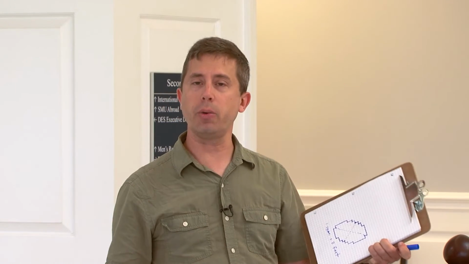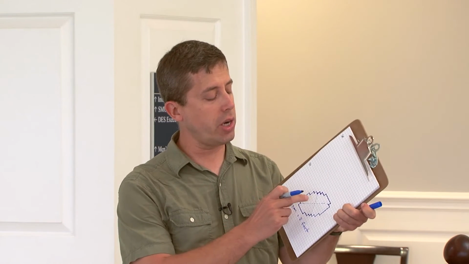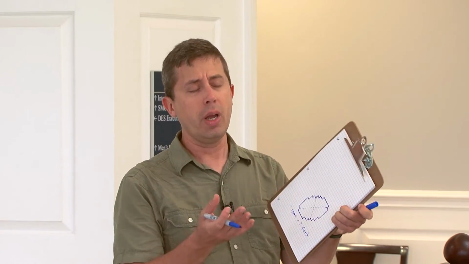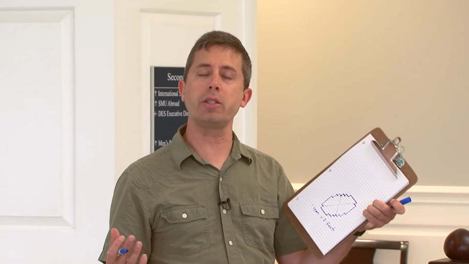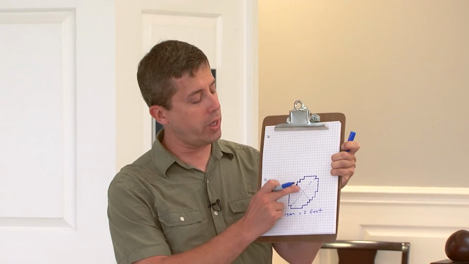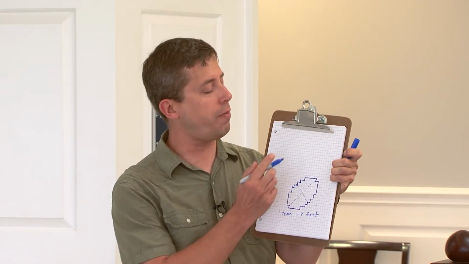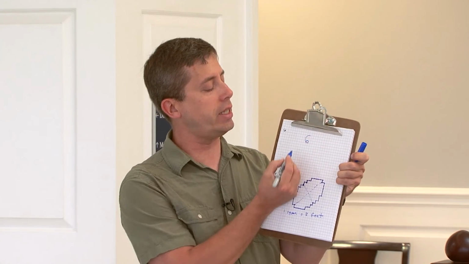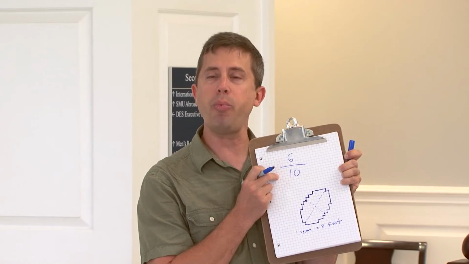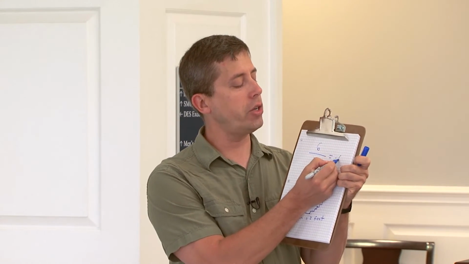And now I want to take their ratio. So the ratio of the major axis to the minor axis, or actually it's easier to take the ratio of the minor axis to the major axis. And we don't even necessarily do the measurements. We can just take that ratio right here on the graph paper, and we'll get that it's 6 diagonal units to 10 diagonal units. So about 0.6 is that ratio.